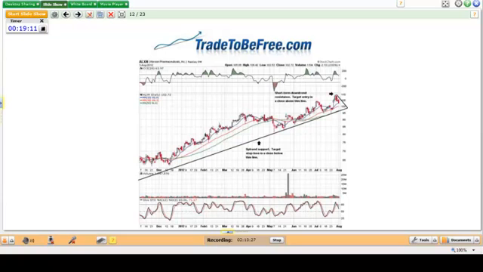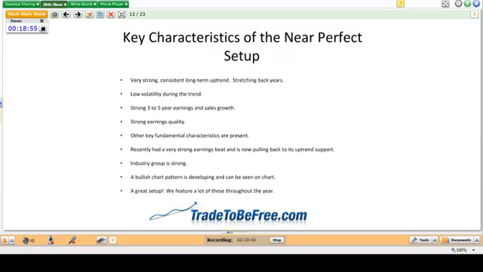And then in early October, we came out with a bearish market call, and we said to go ahead and get out of your long trades, and we did that as well, and made a nice profit on the stock before it corrected. One of the things you have to keep in mind when you do trade elite growth stocks, or any growth stock for that matter, or any speculative stock, is that once the market turns bearish and begins a new correction phase, those stocks tend to get hit the worst.